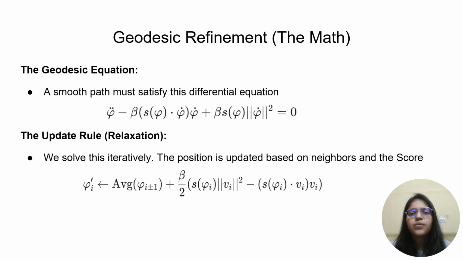This is the geodesic force correction. It calculates the precise force needed to nudge the internal points of this path towards the mode of the distribution and counteracts the curvature caused by the low density noise, ensuring that the path adheres to the manifold structure.